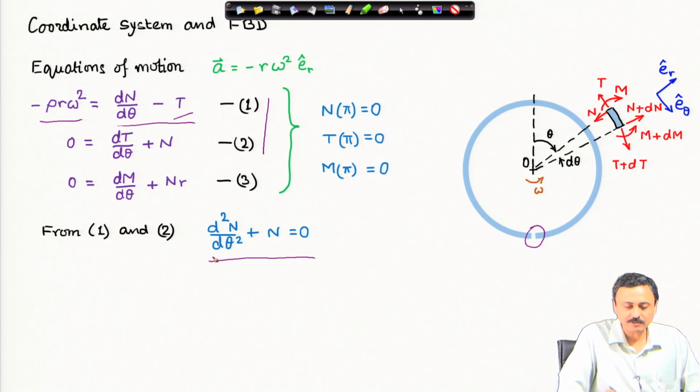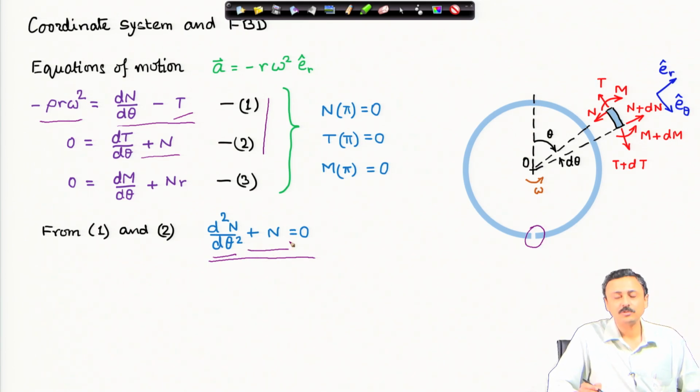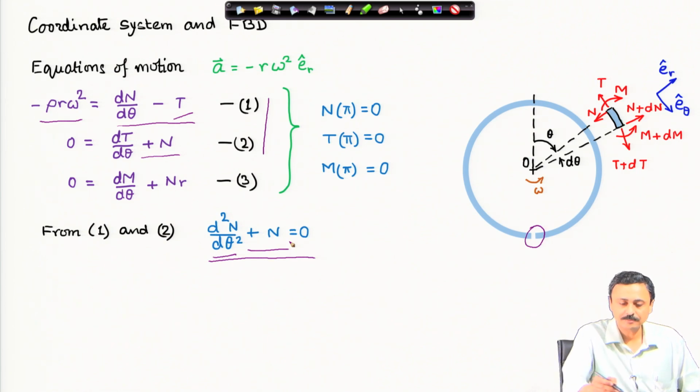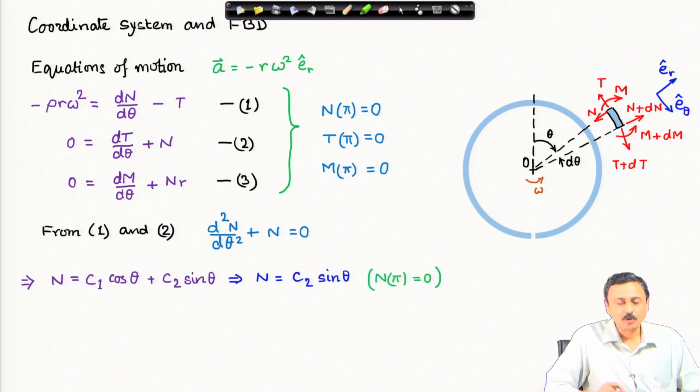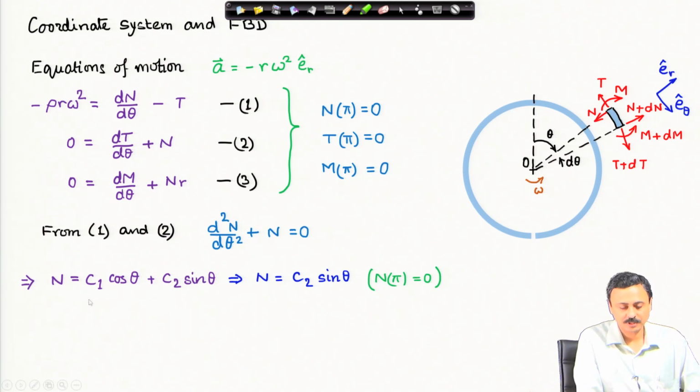Therefore, the second derivative of N with respect to theta minus dT/dθ, which is again minus N, so I get plus N equal to 0. Therefore, now I have a second order ordinary differential equation in N whose general solution is in terms of trigonometric functions sine and cosine with two constants of integration C1 and C2.